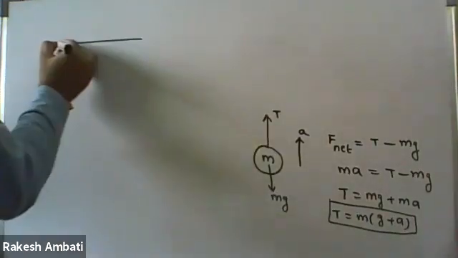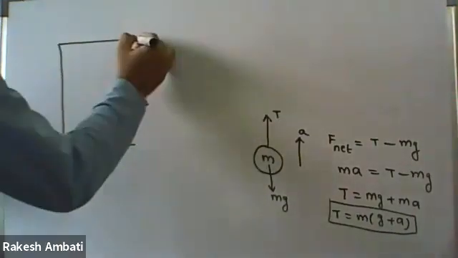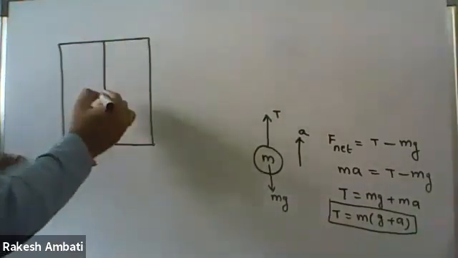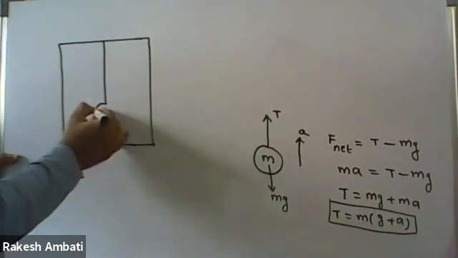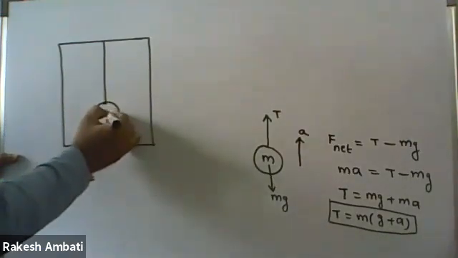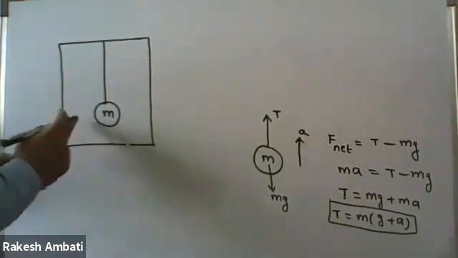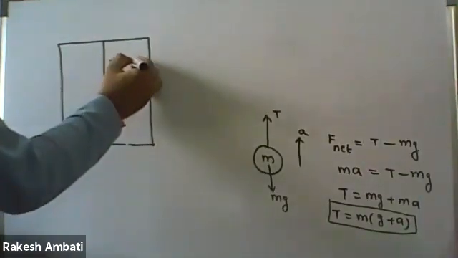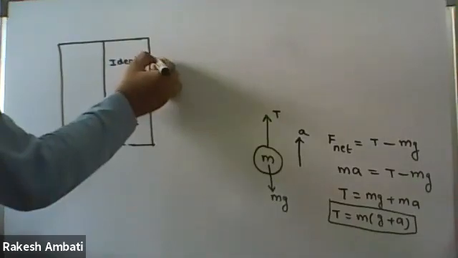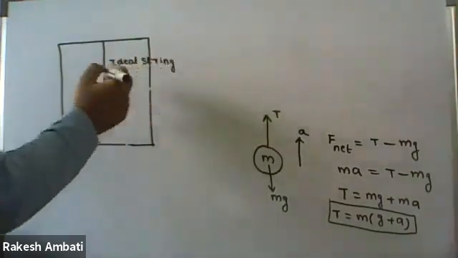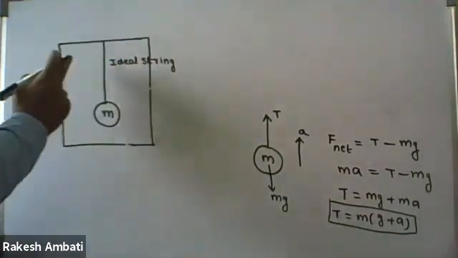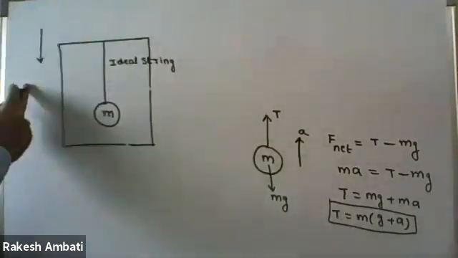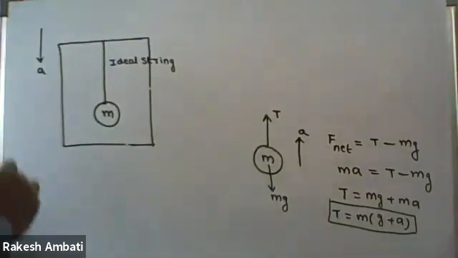It is a lift. Inside the lift, a block of mass m is suspended with the help of an ideal string, and the lift is moving downwards with acceleration a.